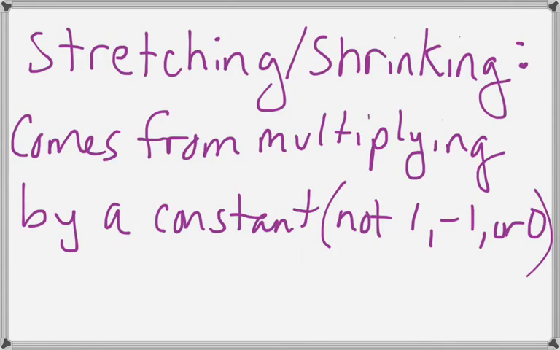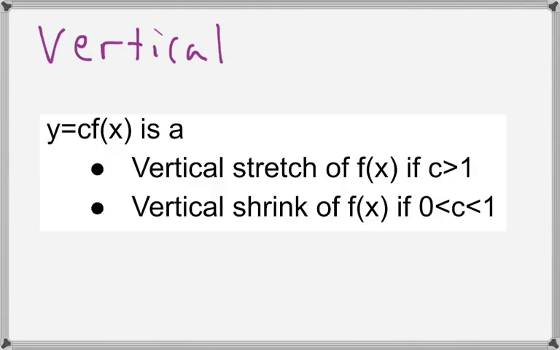Stretching and shrinking is going to come from multiplying by a number other than -1. And of course, we're not going to multiply by 1 or 0 because that would not make a whole lot of sense. But if we're multiplying by any other number, then we're going to have either a stretch or a shrink in the graph. So let's talk about the vertical direction first.